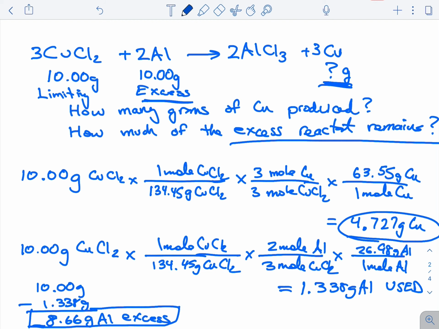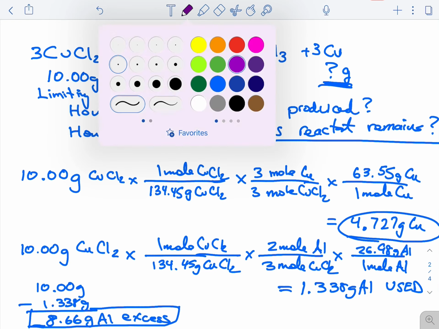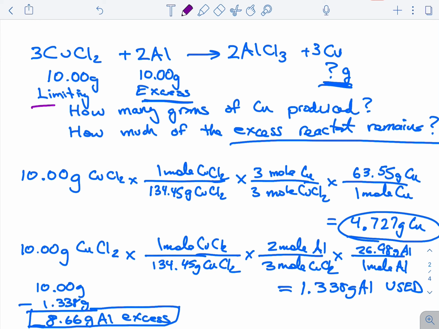Right? So one last time through the process. If you're given amounts of two of the reactants, you have to work the problem twice. Whichever value is smaller is the amount that's actually produced. That determines our limiting reactant.